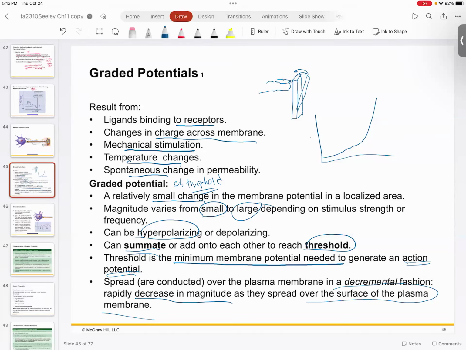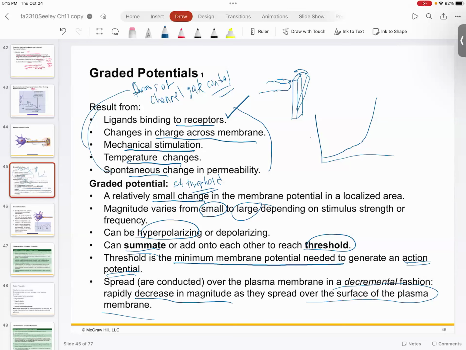Notice one thing. All of these that we're mentioning here, these are all forms, and we talked about this in chapter 9, of channel gate control. Remember from our list, we talked about ligand-gated channels.